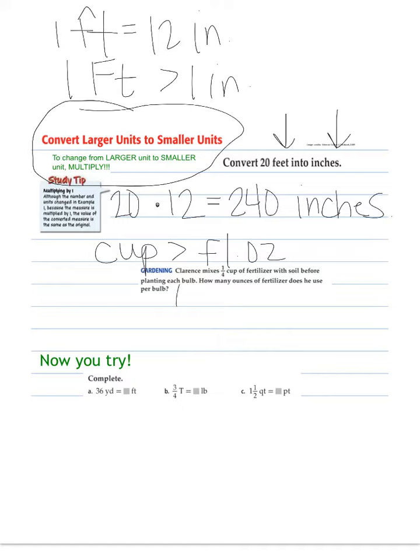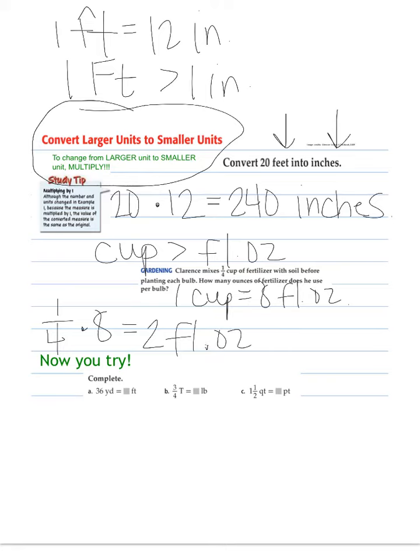I also know that 1 cup equals 8 fluid ounces. So I'm going to take 1/4 times 8, and I know that 1/4 times 8 is 2, and then I label it with fluid ounces.